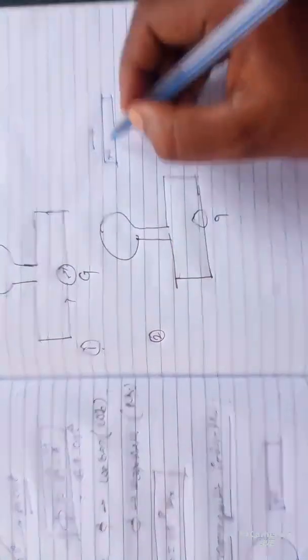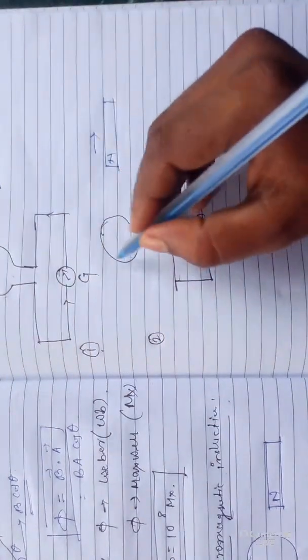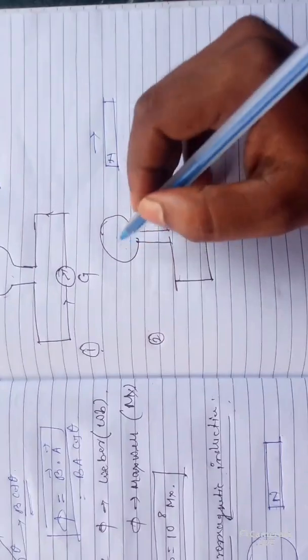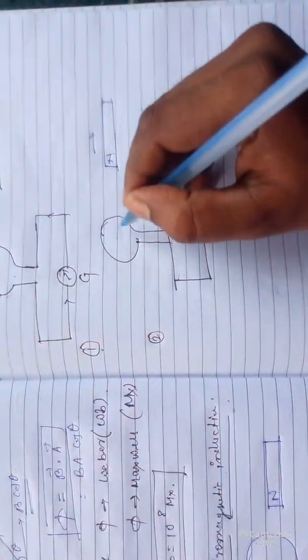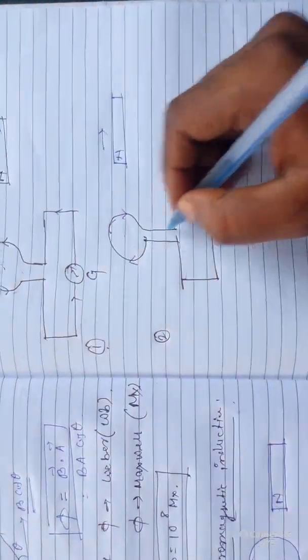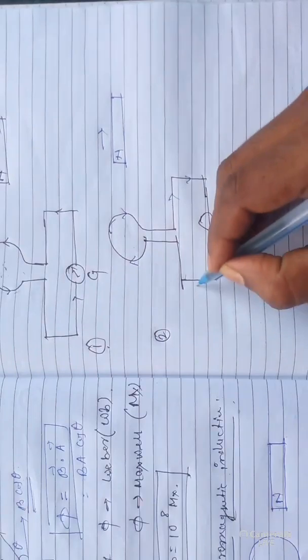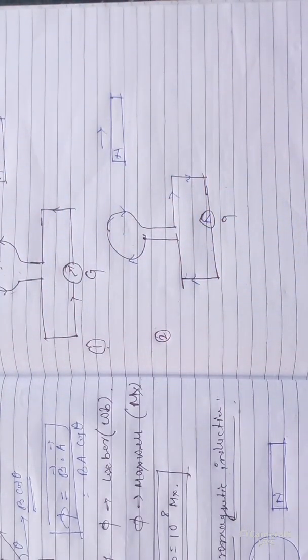As the north pole is moving away from this loop, the loop will attract it. So the front face of this loop will acquire the south pole to attract the bar magnet, and as the south pole is there, the direction of the induced current will be this one, and the needle will deflect along this direction.